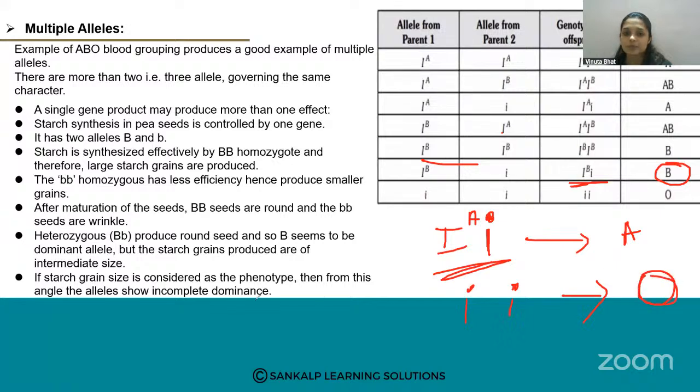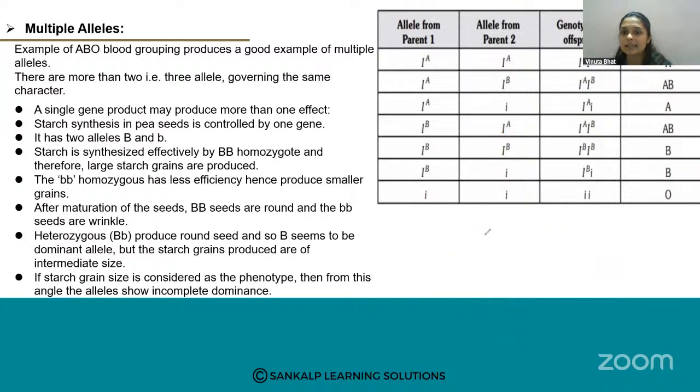Okay, so this is the codominance, multiple allelism. It is also called as multiple allelism. ಈಗ ನೋಡಿ ಇನ್ನೊಂದ್ಸಲ ಎಕ್ಸ್ಪ್ಲೇನ್ ಮಾಡ್ತೇನೆ.